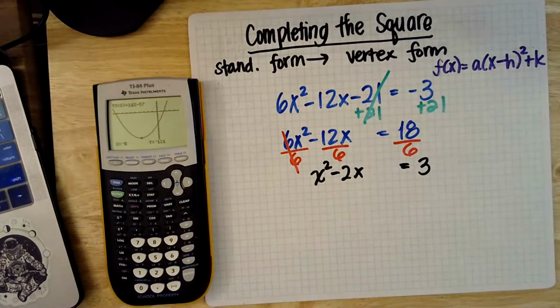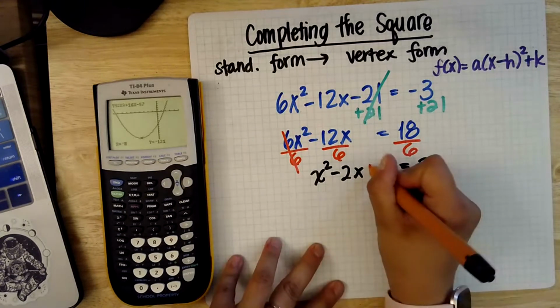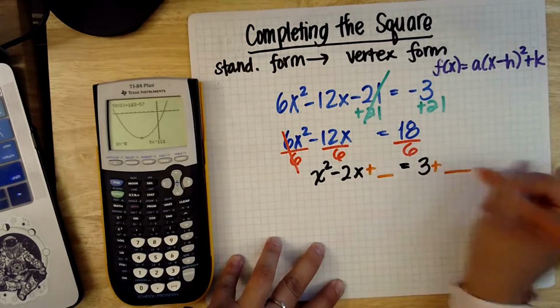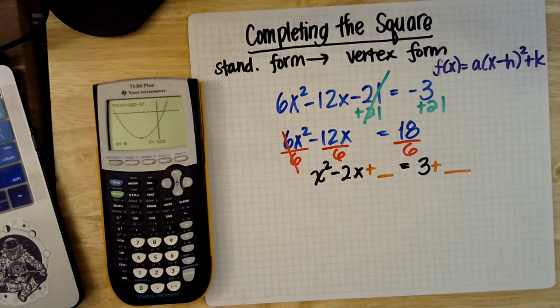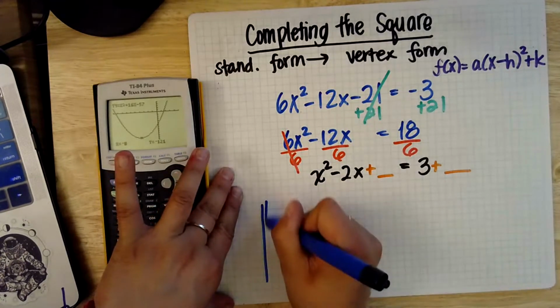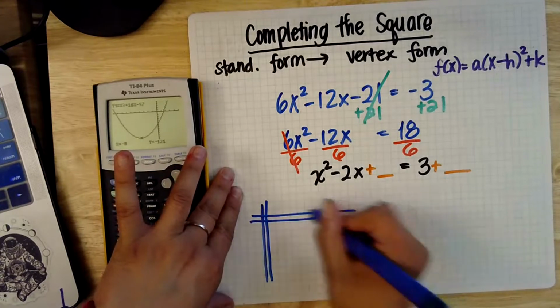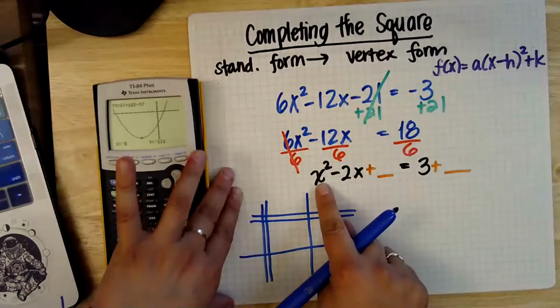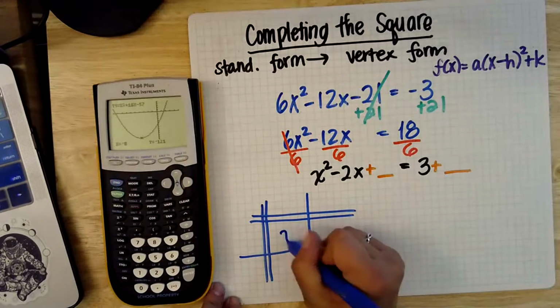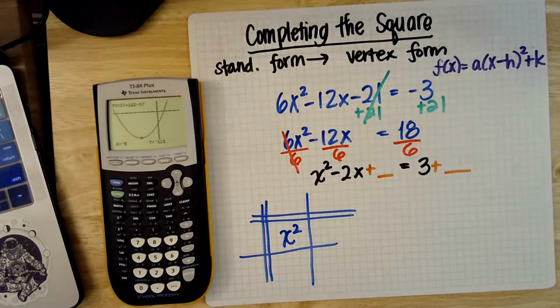Notice again, I left that space. I am going to add something to both sides of the equation. Here I go. My ax squared will always go here. And again, remember that my box has to be perfect.